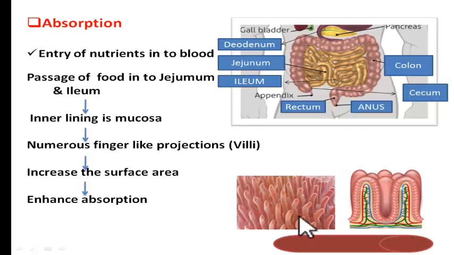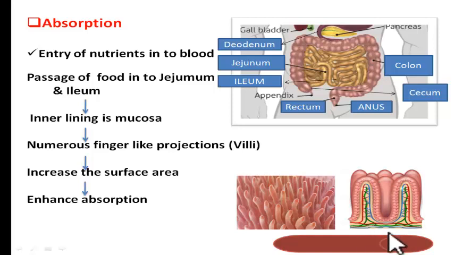See here, finger-like projections, and these are called villi. Inside these villi they have blood vessels. See here the blood vessels. When the food is flowing through these villi, the nutrients are absorbed into blood. This is what is called the absorption process.